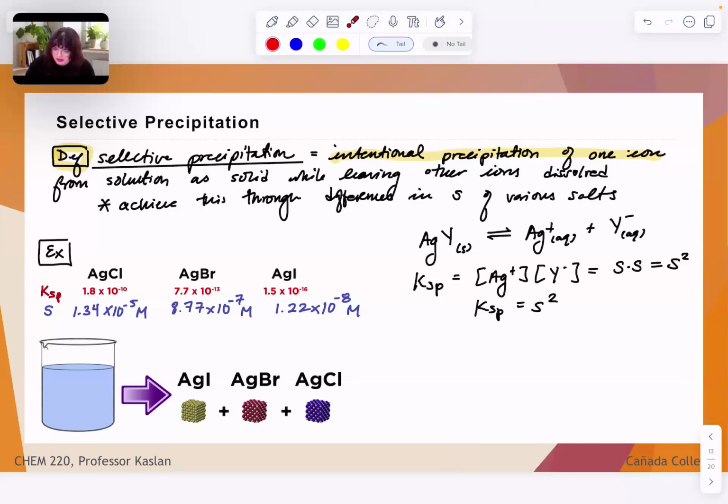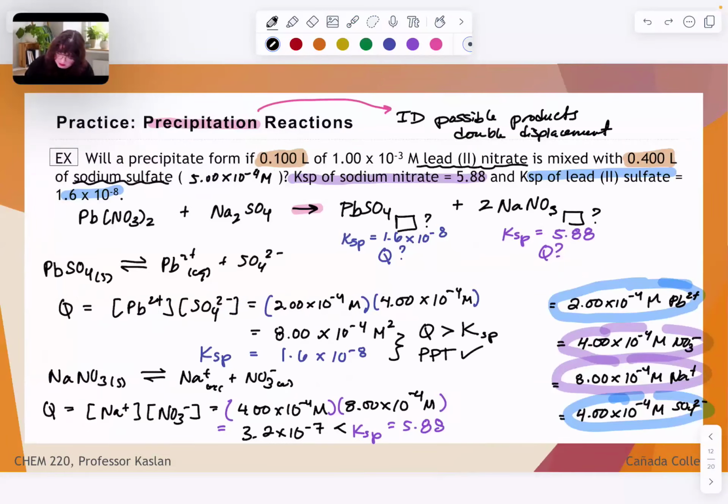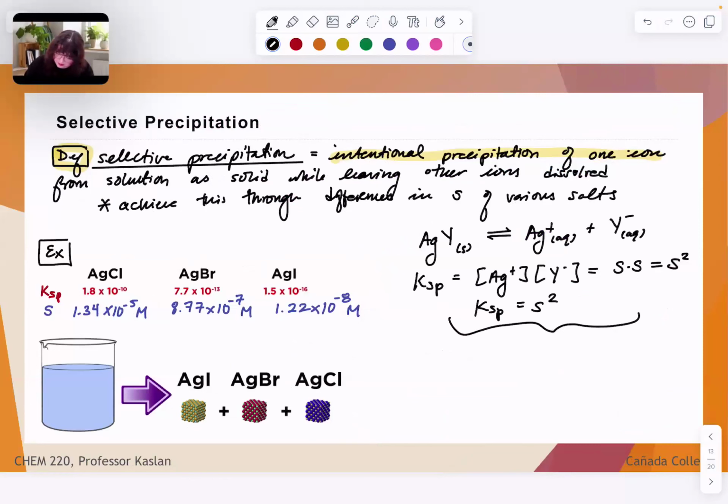But just a quick reminder that KSP is not equal to the solubility. We obtain the solubility S from KSP. They are not equal to one another.